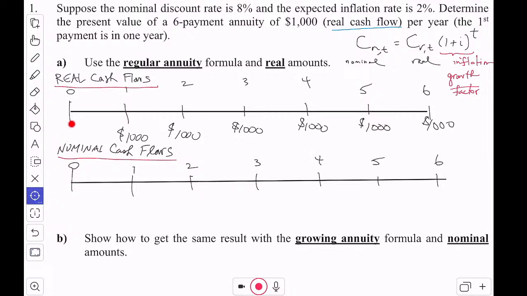If I don't have anything in the first year, but if I did, it would be the same amount. So from real to nominal, notice if I put a 0 here for time, no time passes, nominal and real are the same.